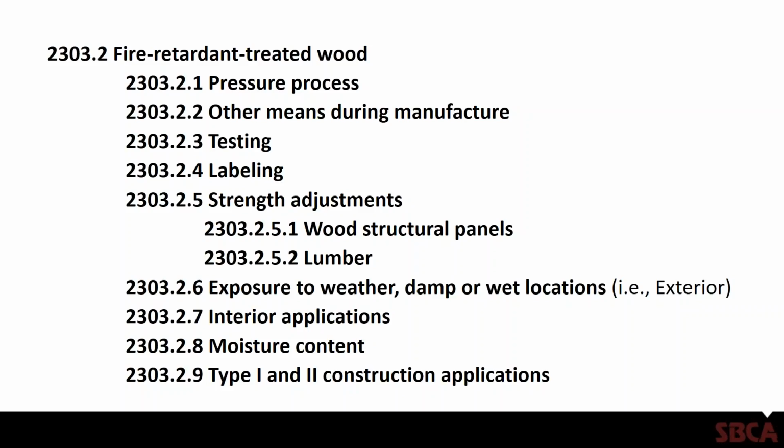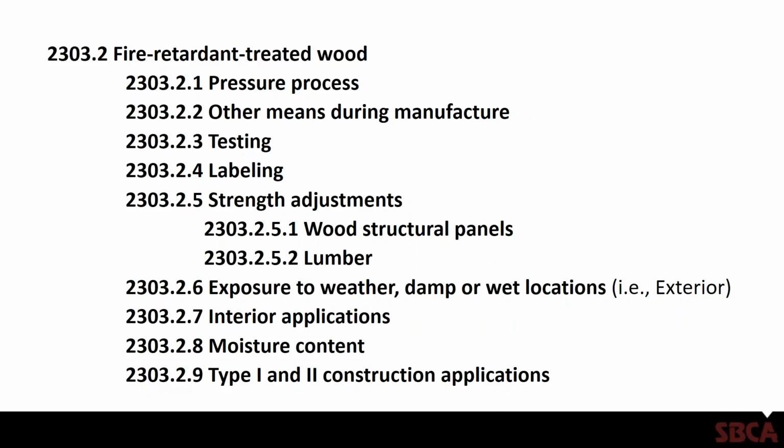Subsection 5.1 talks about the strength adjustments for wood structural panels, and 5.2 would be for lumber. 2.6 basically talks about exposure to weather, damp or wet conditions, and this would typically be exterior applications. 2.7 talks about the requirements for labeling it as for interior applications.